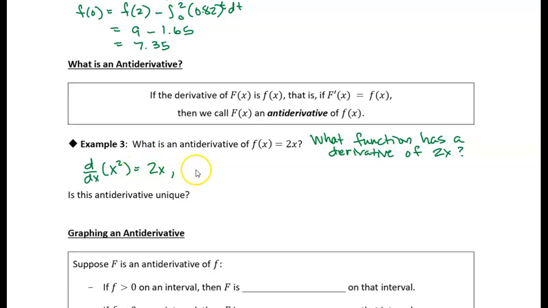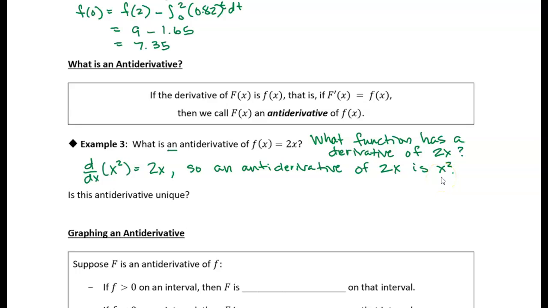So an antiderivative, what I should say, not the antiderivative, but an antiderivative of 2x is x squared, because the derivative of x squared is 2x. The function that has a derivative of 2x is x squared, okay?